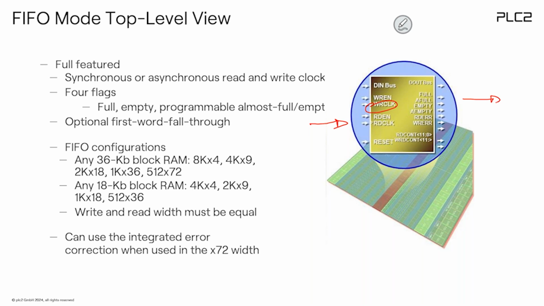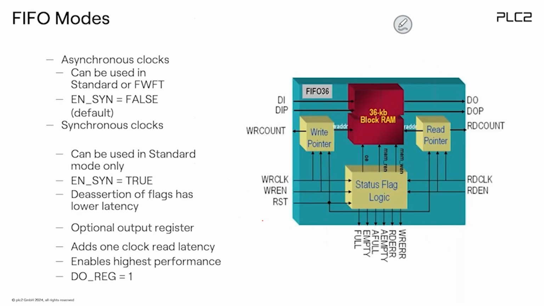This is not shown, but it could be the same clock or different clocks. In this picture it is the same clock. Usually we have two different clocks, one write, one read clock. You can also combine the FIFOs in depth and in width, and this means completely different operations here.